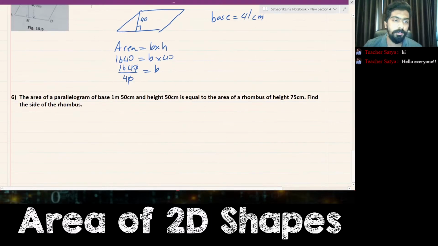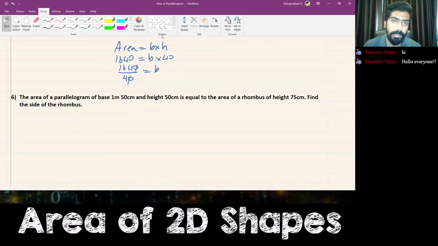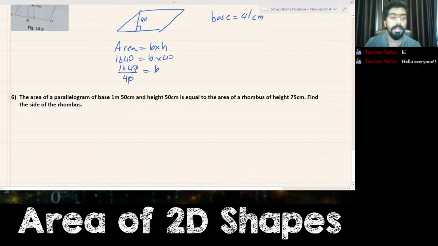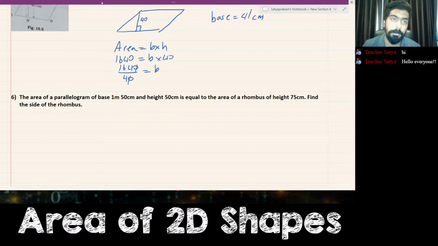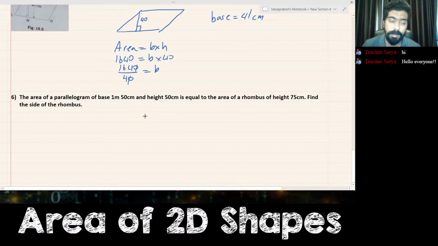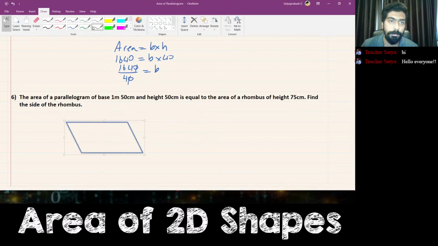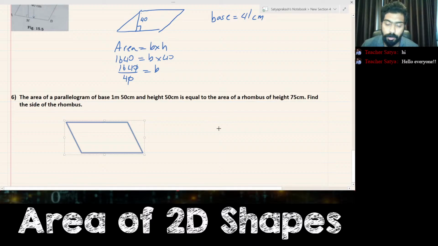Now let us go to the next question right here. So we have the area of a parallelogram. So let me draw out the area of a parallelogram right here. Okay, there we go. Of base and height is equal to the area of a rhombus. So here we go, guys. So we have the area of a parallelogram, and let me draw a rhombus.